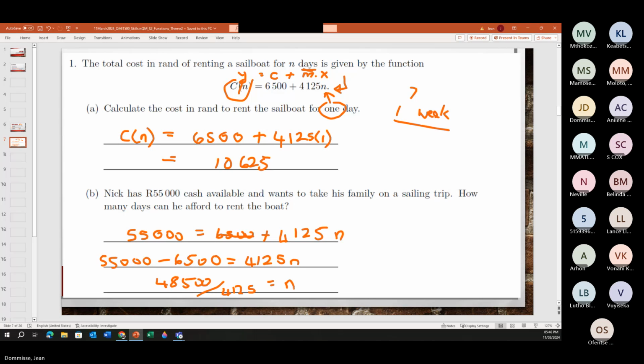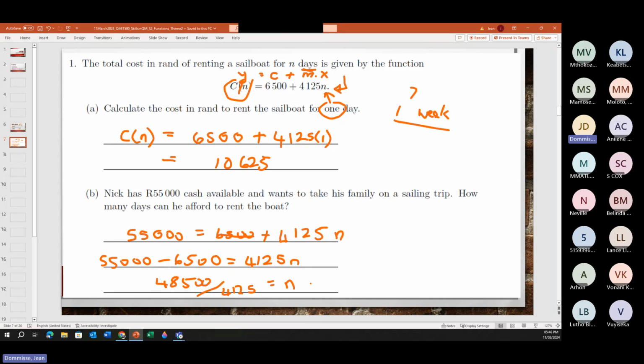So 48,500 divided by 4,125 will give us 11 days, 0.76. So he unfortunately won't be able to rent 12 days. Only 11 days you will be able to rent.